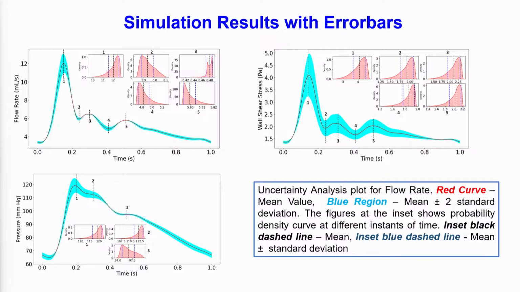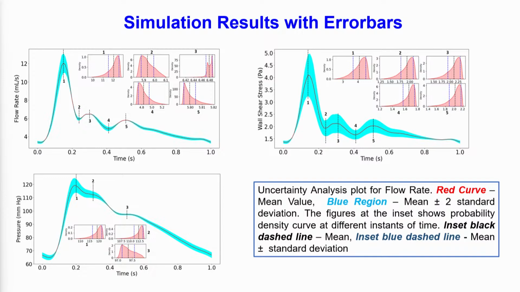So, if you now get your answer you will get the error bars, that means the upper and lower bound. When we talked about hemodynamic simulation without these uncertainties taken into analysis, that is that line, and the shaded region, which is that sky blue color, is where your possible answer will always lie.